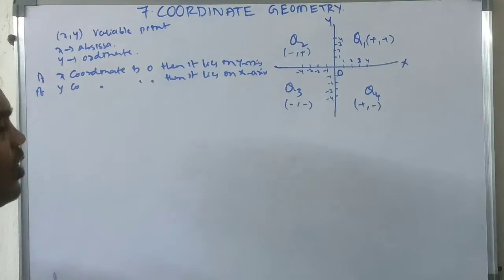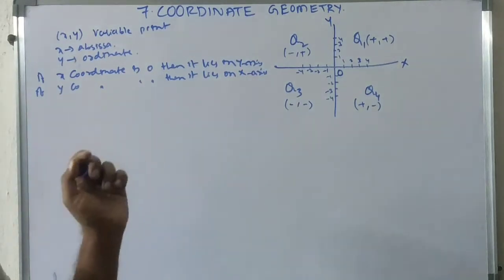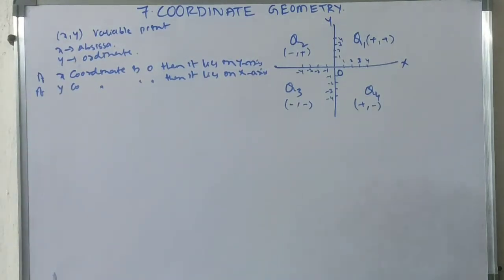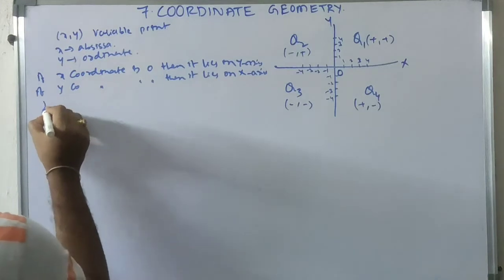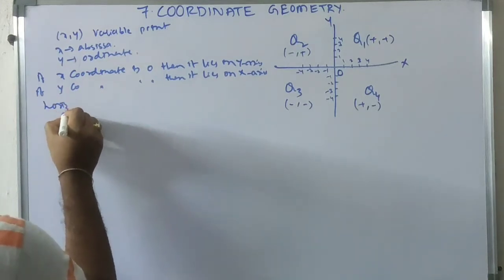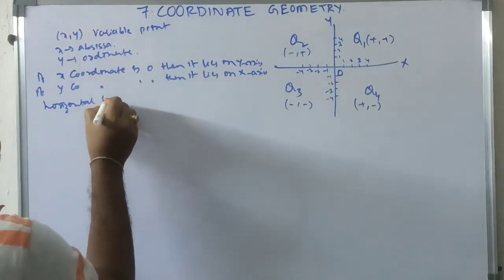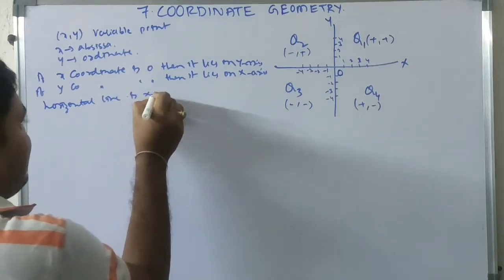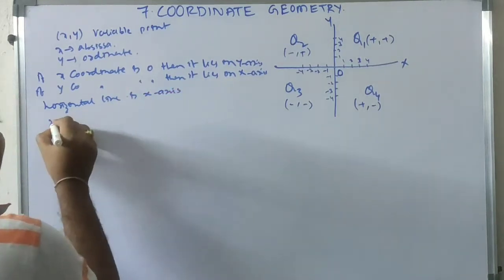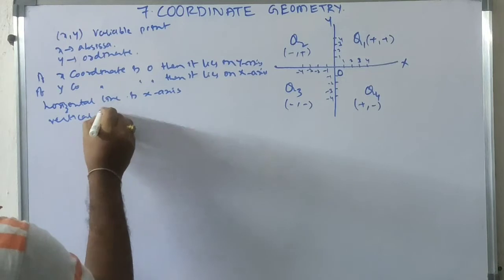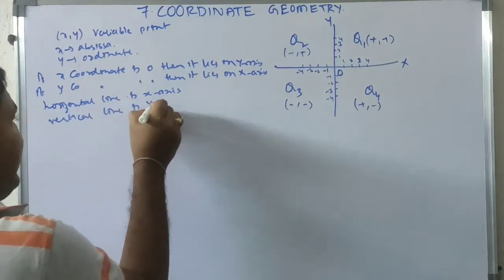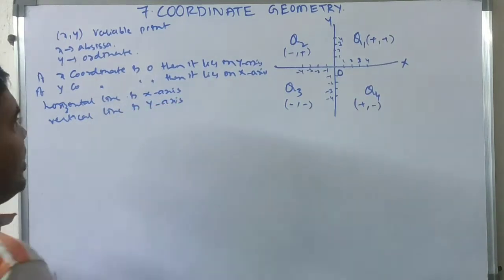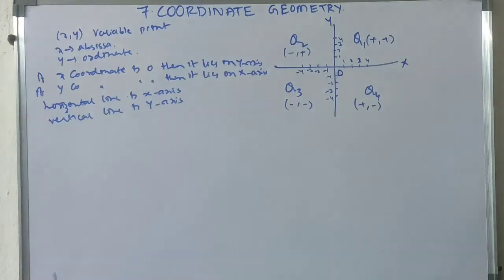So if x is 0, it lies on the y-axis; if y is 0, it lies on the x-axis. The horizontal line is the x-axis, the vertical line is the y-axis.